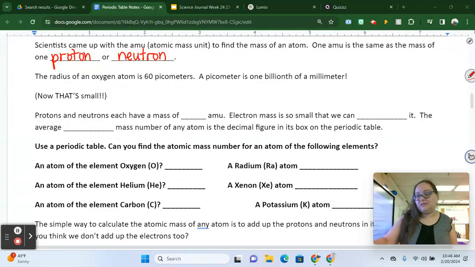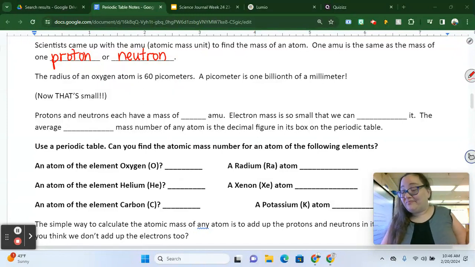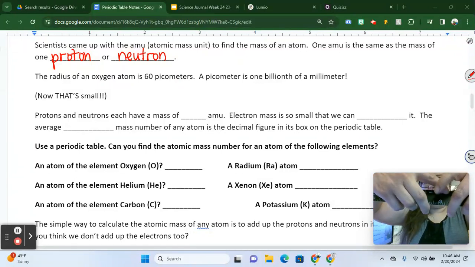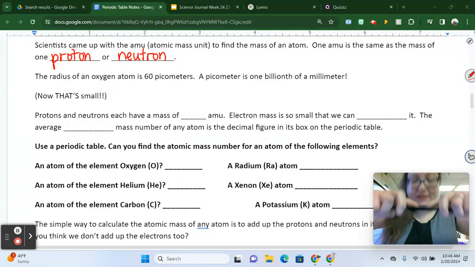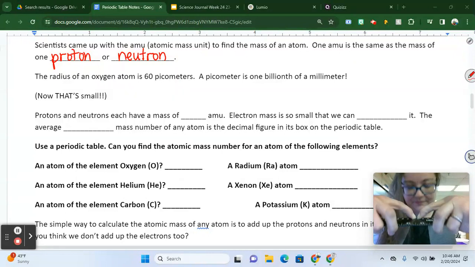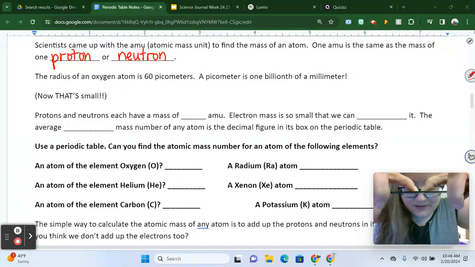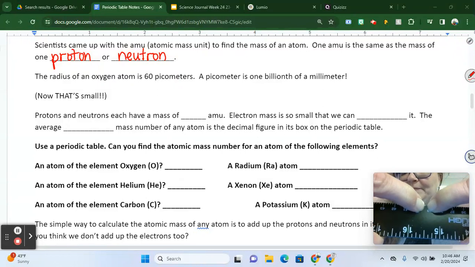Okay, Ms. Harris, so what the heck is a picometer? All right. Come along with me because this is crazy. So here's our meters along the top, right? And the space right there between my fingernails. That teeny little space right there.